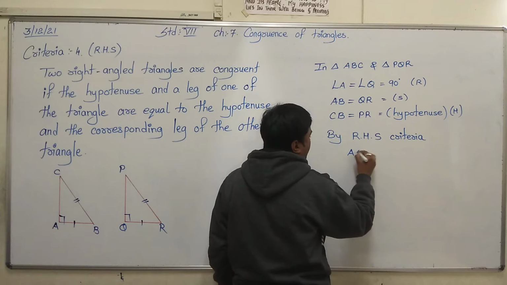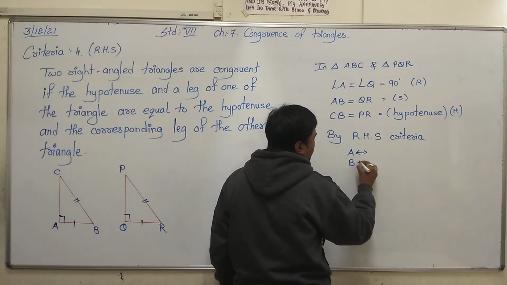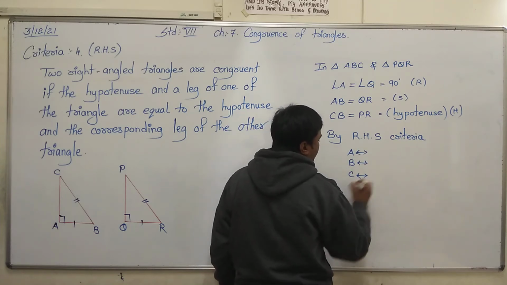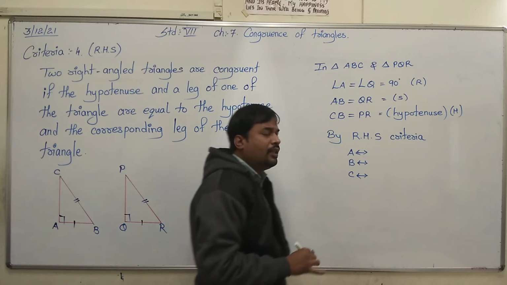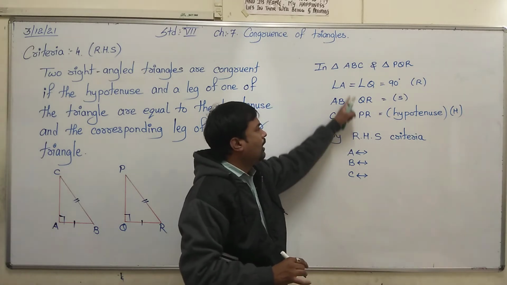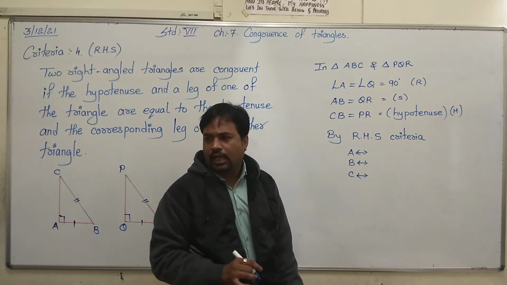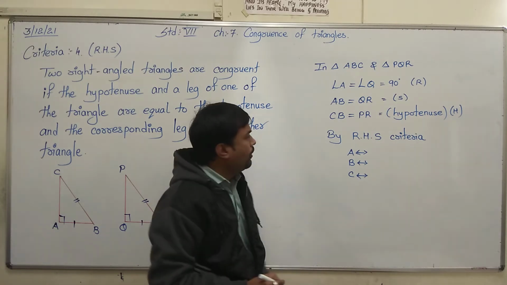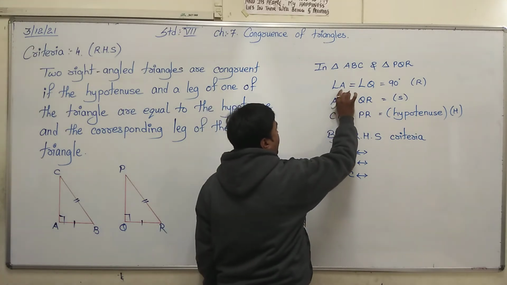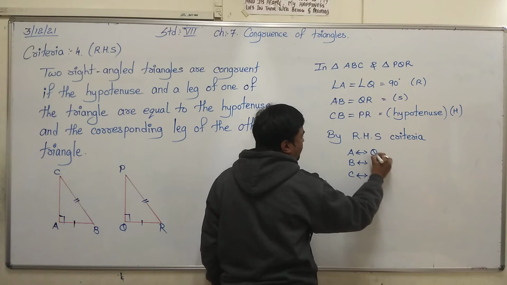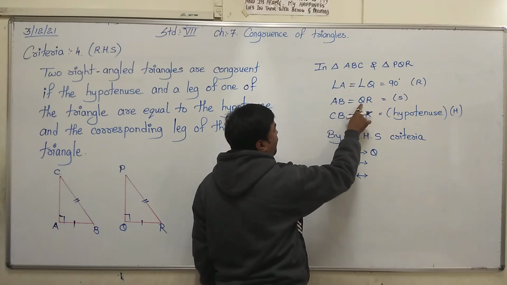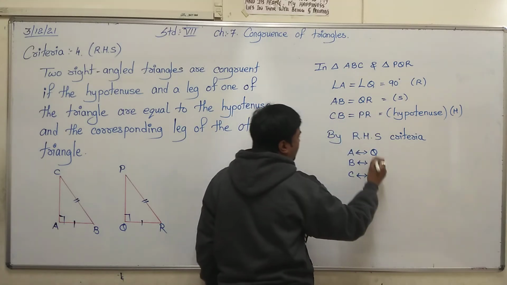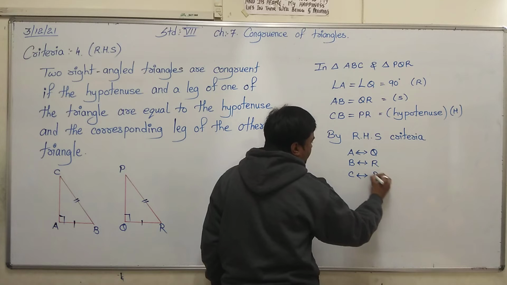A corresponds to, B corresponds to, C corresponds to. When can we write the correspondence? Whenever the sides and angles are equal, we can move with the correspondence. First, moving with the angle. Angle A, angle Q. A belongs to Q, then B belongs to R. And the remaining one.